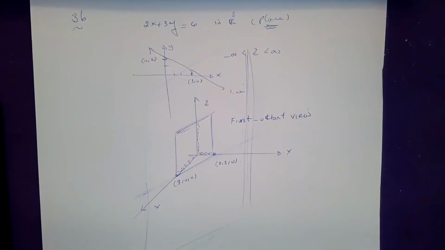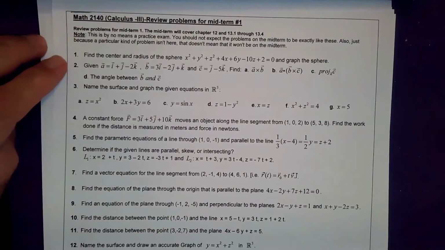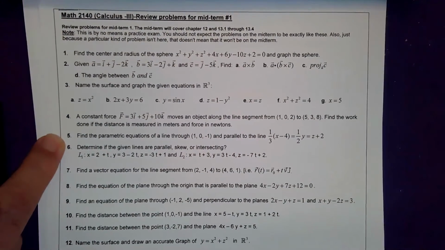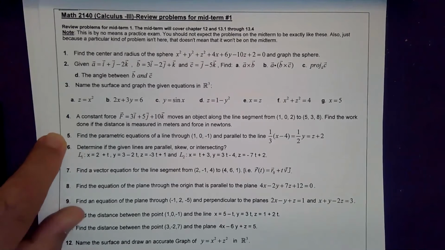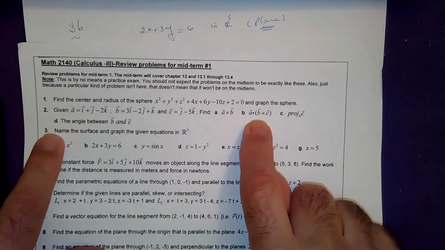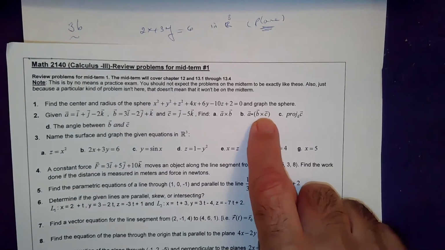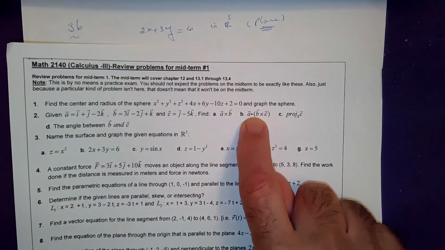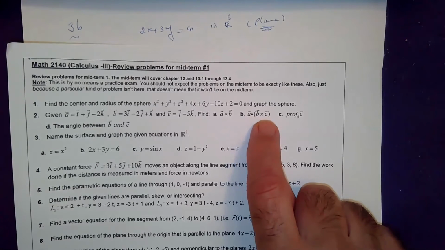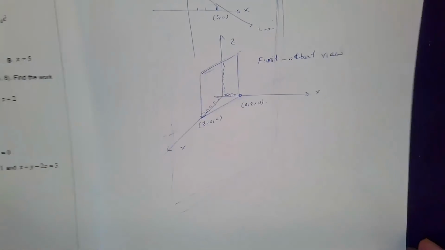So that was 3B. Any questions on 1 through 5? 2B? What's 2B? This right here? That would be taking the cross product, and whatever vector you get, dot it with A. So the answer is going to be a scalar, correct?